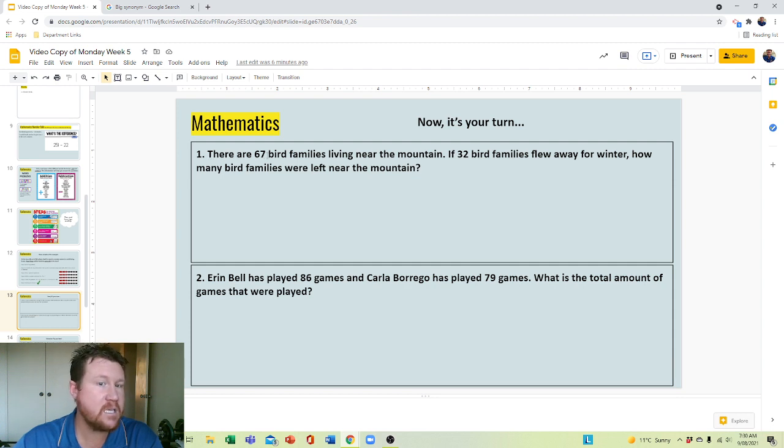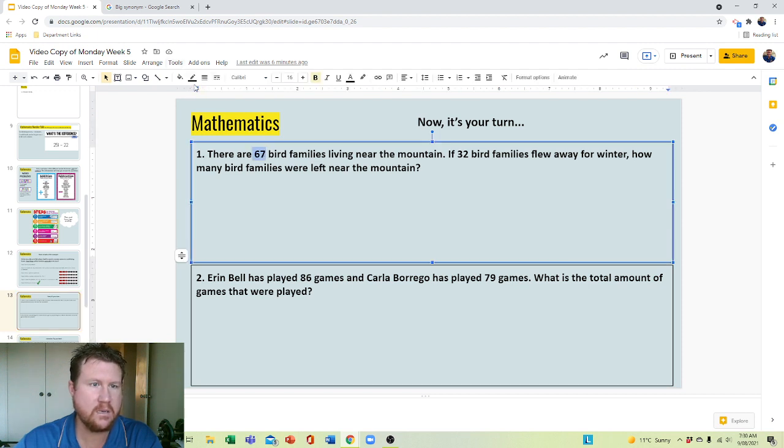There are 67 bird families living near the mountain. I would say this one would be important. If 32 bird families flew away for the winter, how many bird families, I know I've left the H out, sorry, were left near the mountain?